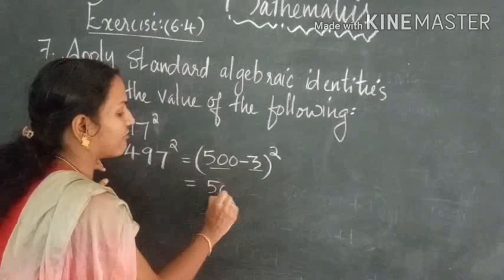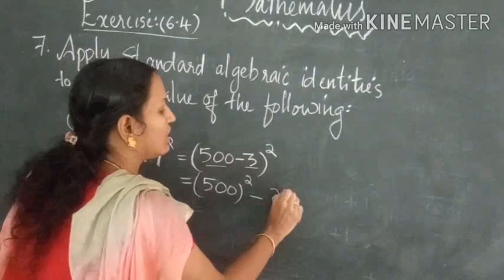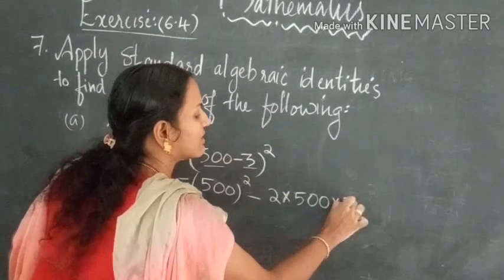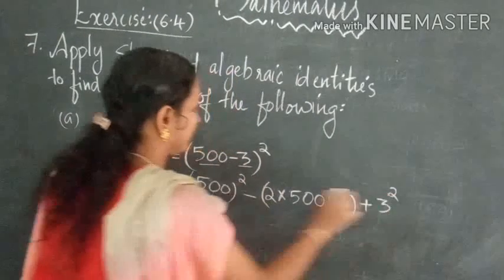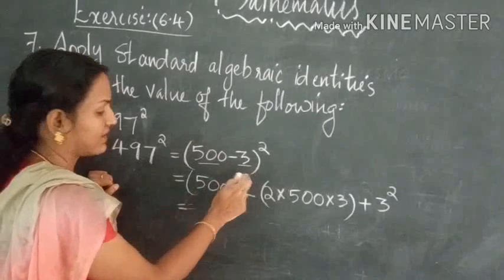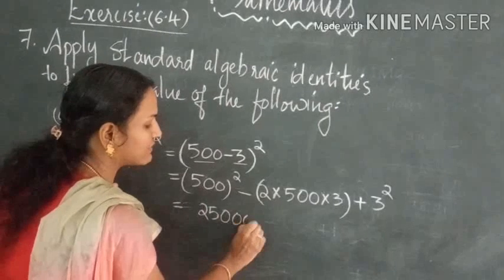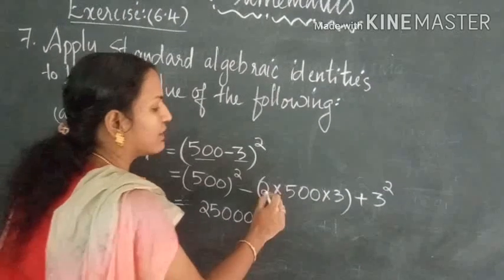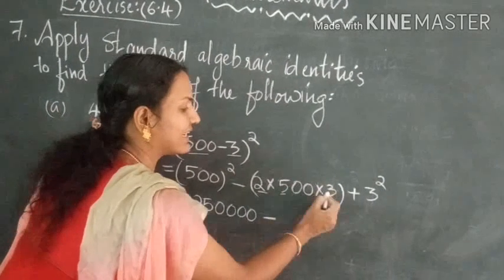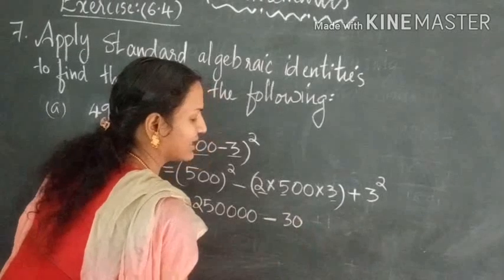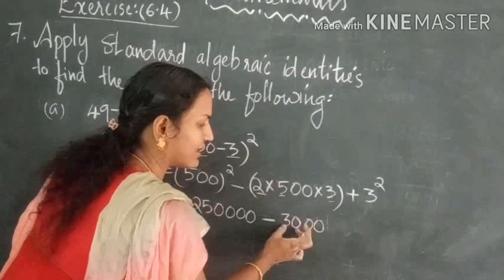So a square, 500 square, minus 2ab, 2 into 500 into 3, plus b square, 3 square. 500 square: 5 into 5 is 25, then 4 zeros. Then 2 into 500 into 3: 2 into 5 is 10, 10 into 3 is 30, put 2 zeros.